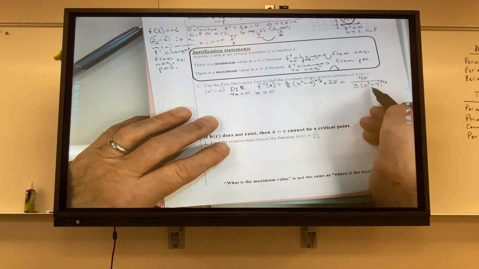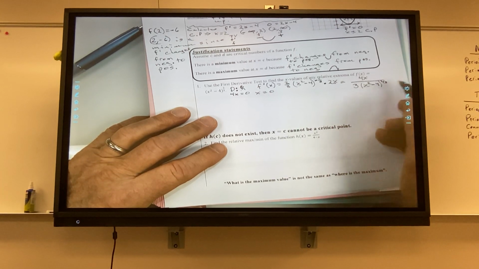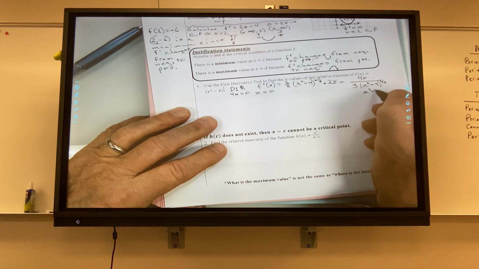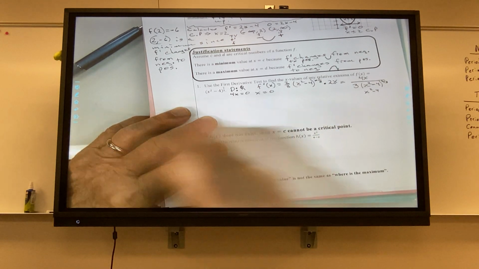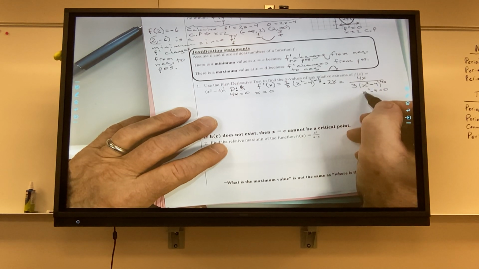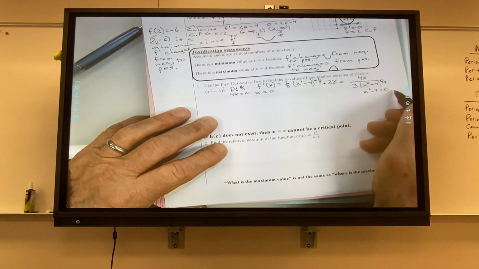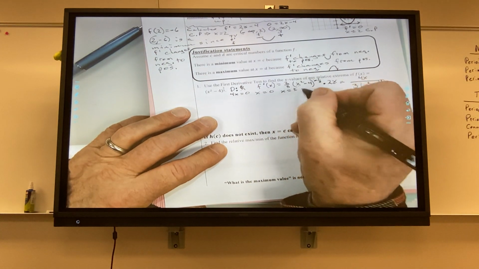Can the denominator be 0? In other words, this x squared minus 4 is what would make it 0, correct? What numbers can I put in for x that would make that 0? 2 and negative 2, right? So I'm going to say x equals plus or minus 2.